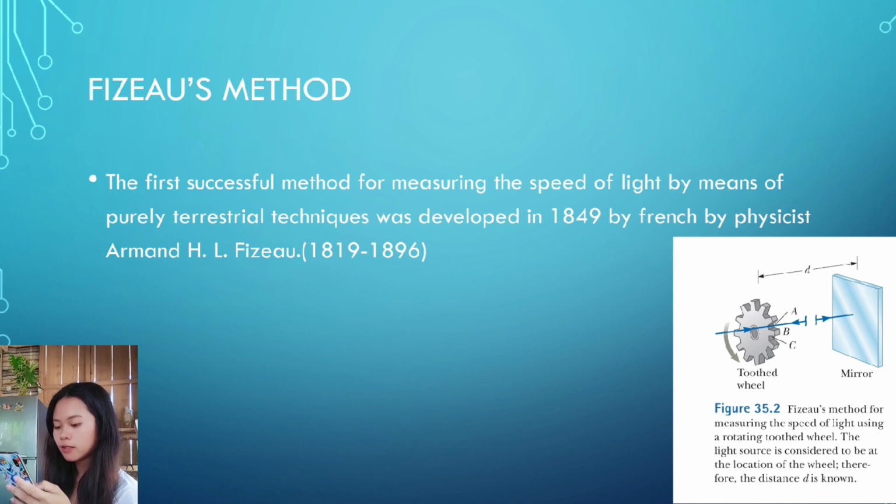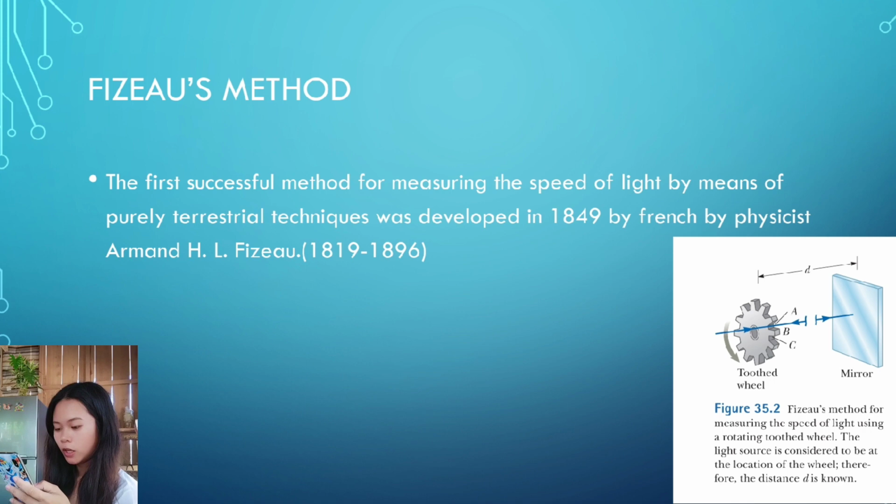To measure the transit time, Fizeau used a rotating toothed wheel, which converts a continuous beam of light into a series of light pulses. The rotation of such a wheel controls what an observer at the light source sees.